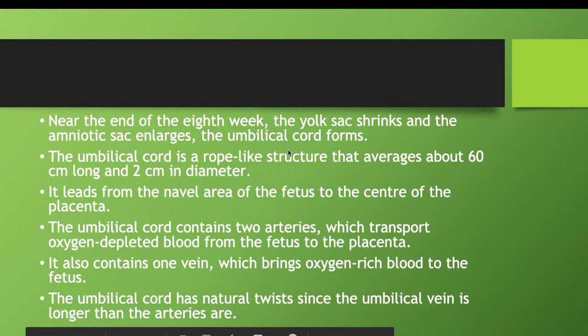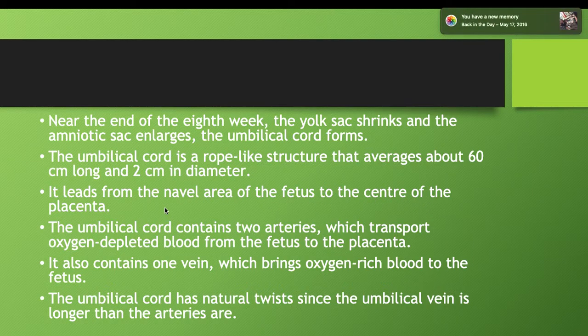Near the end of the 8 weeks, the yolk sac shrinks and the amniotic sac enlarges and the umbilical cord forms. The umbilical cord is a rope-like structure that averages about 60 centimeters long and about 2 centimeters in diameter. It leads from the navel area of the fetus to the center of the placenta.